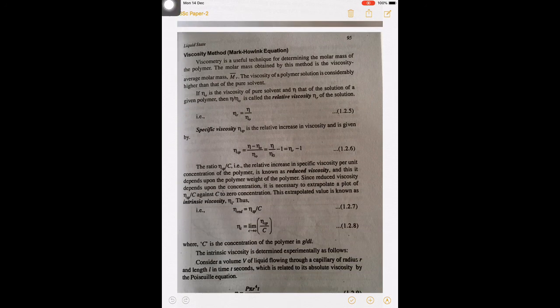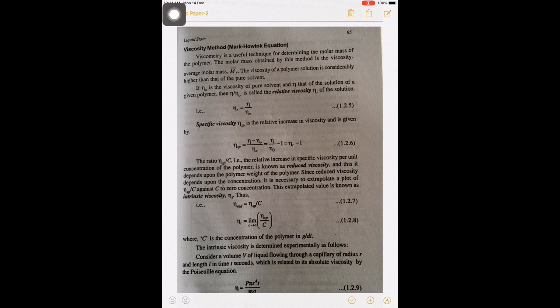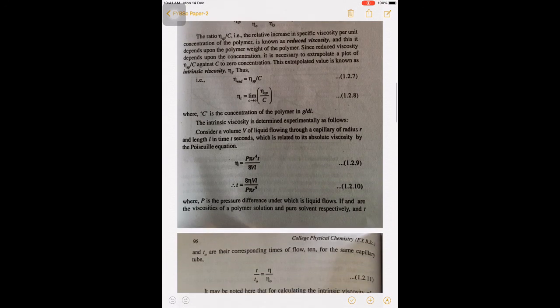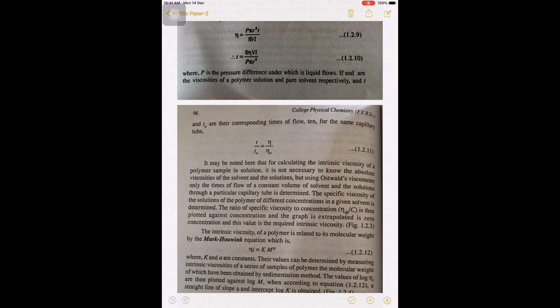So there are different definitions of viscosity terms. According to the Mark-Houwink equation we can calculate the molecular weight of any polymer. This is the equation: t upon t0 is equal to eta upon eta 0, and in equation 1.2.9, eta is equal to P pi r^4 t divided by 8 V L. By use of that equation we can calculate the intrinsic viscosity and the time of flow.